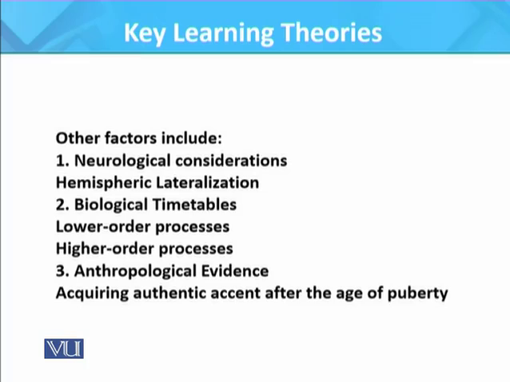Hemispheric lateralization processes are the ones studied by neuroscientists, who have to see the process of lateralization to determine when a person reaches puberty and how different hemispheres in the mind affect the function of language. Biological timetable refers to the timetable where the lower order processes and higher order processes are involved.